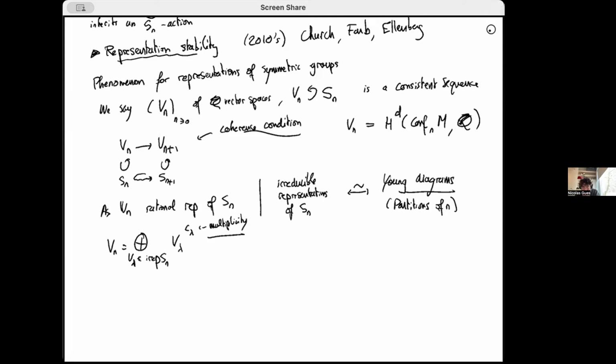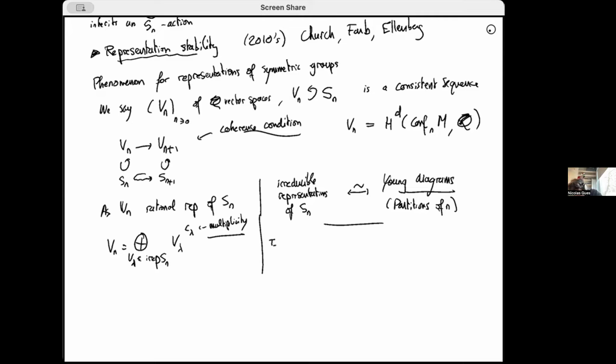And now, how to make sense of some notion of stabilization in this case, because we have representations of different groups. So if you want some stabilization phenomenon, we need to relate different representations of different groups. So that's what we're going to say here.